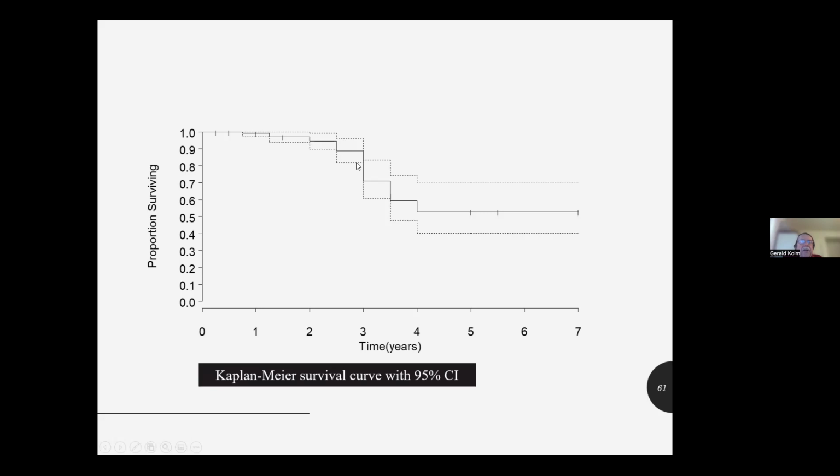You can then at any particular time point read what the expected proportion surviving would be. You can see here that at 50% survival, everybody's actually surviving, so we don't really have a time when we reach the 50% level in this case.